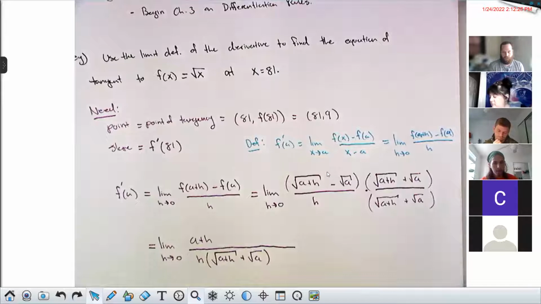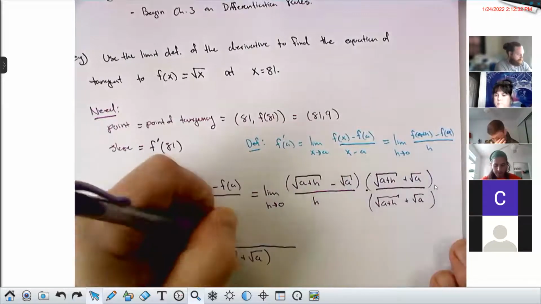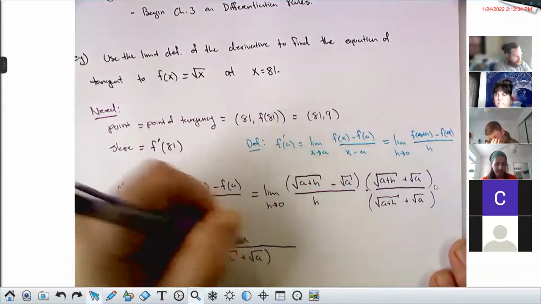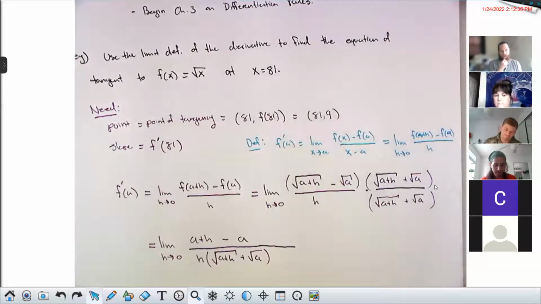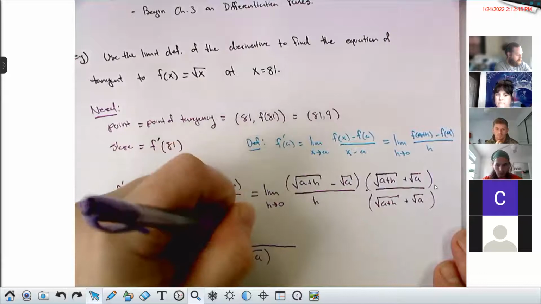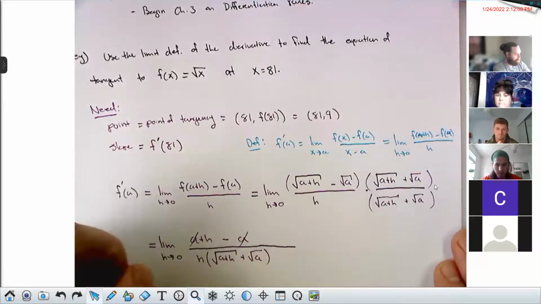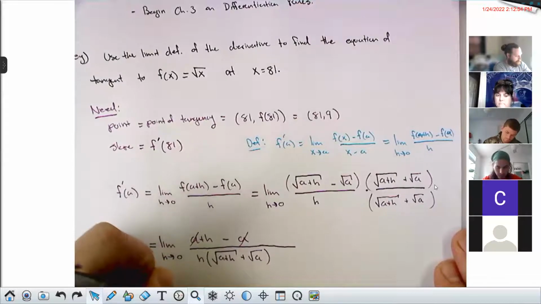And then our lasts are minus root a times plus root a, which is minus a. Of course, the plus a and the negative a eat each other up. I'll write it in a separate line here, but you can probably see that the h's will cancel. That's what we wanted.